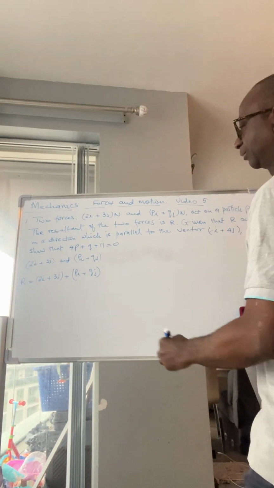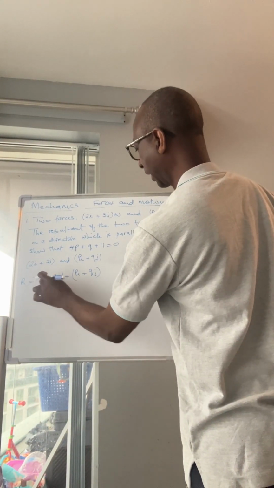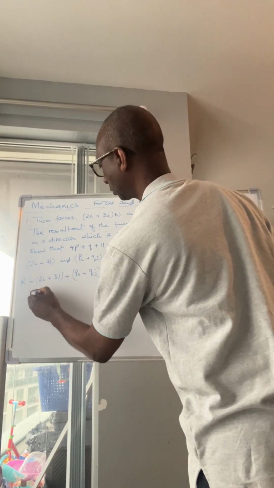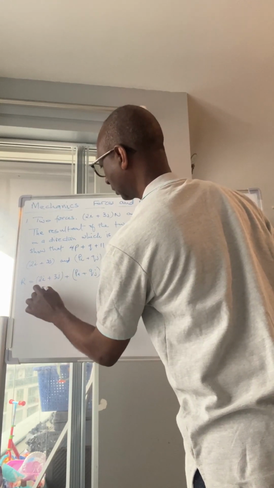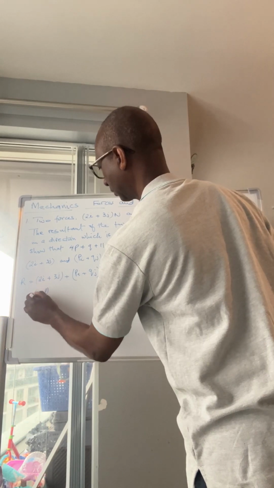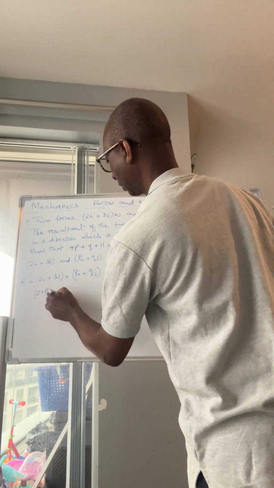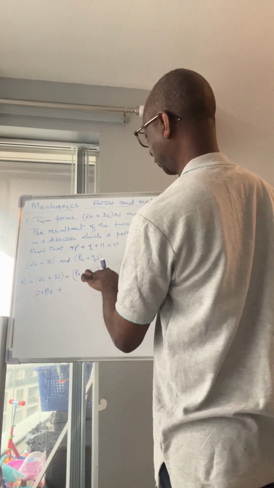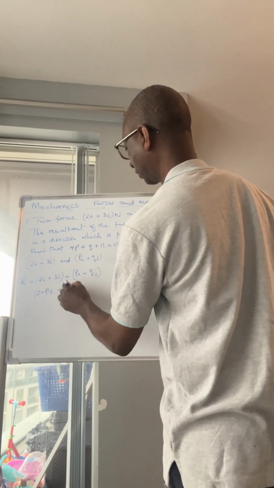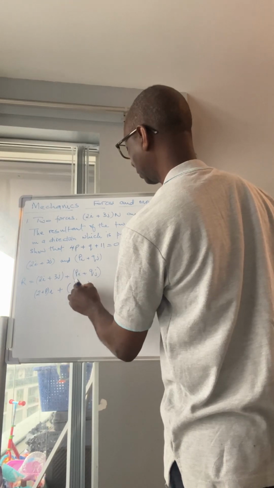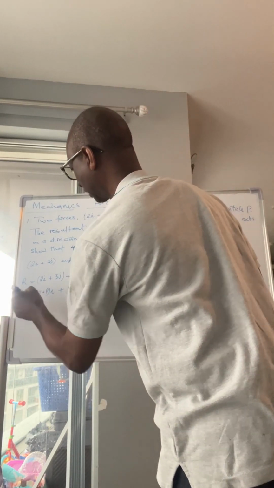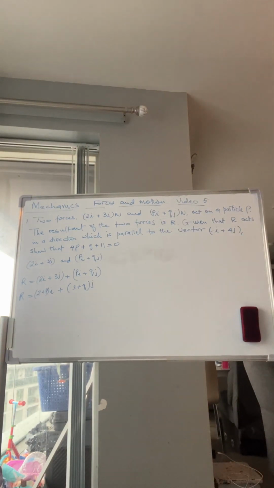We have i and i, so this is (2 plus p) i, and again 3j plus qj, so (3 plus q) j. So now we know the resultant of the two forces.